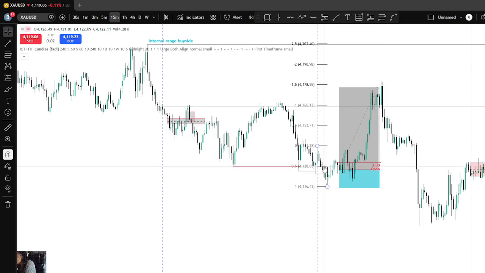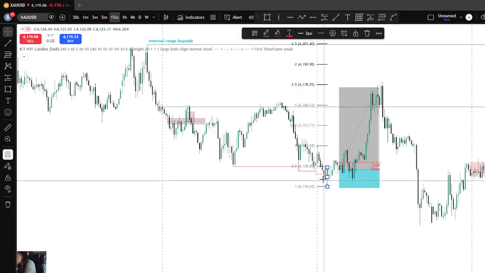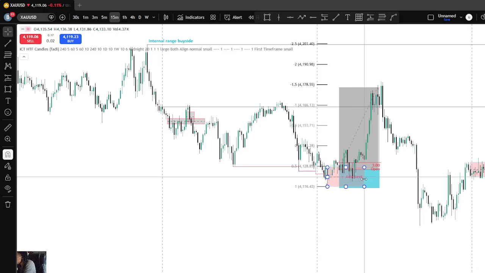So I wanted to see us closing above this OB. After we closed above it, that was one checkpoint for me to know the trade can be valid.